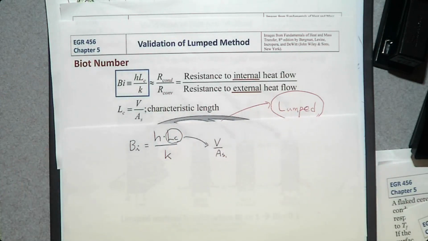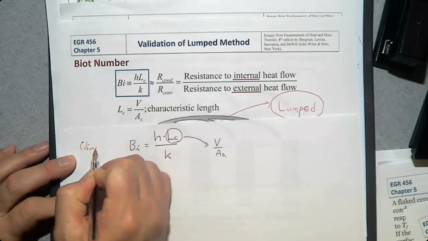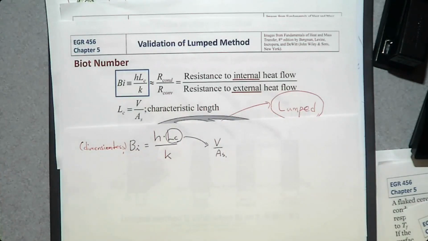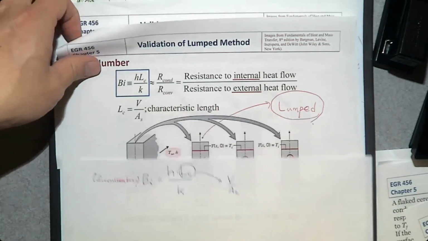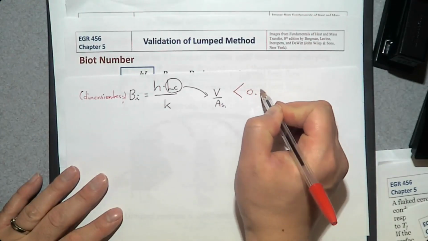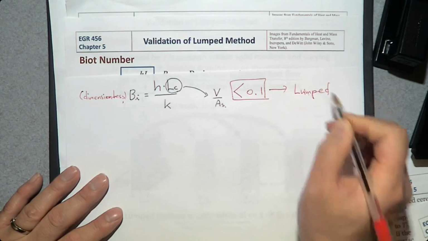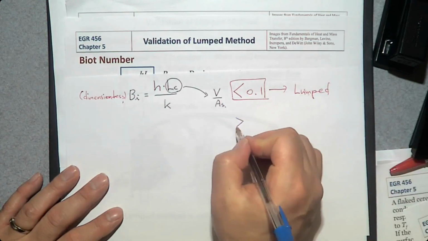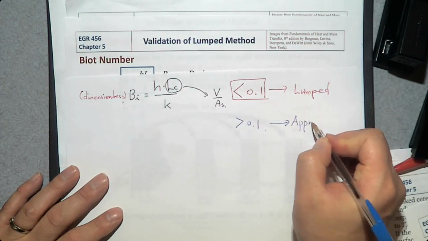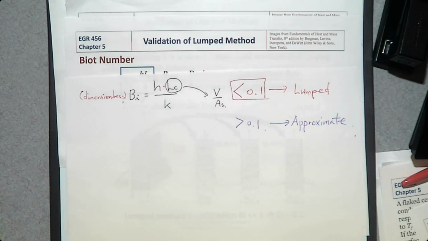The Biot number is a dimensionless number, which means it has no unit. When this value is less than 0.1, then we say the lumped method is fine. If the Biot number is greater than 0.1, then you cannot use the lumped method and you go to the approximate method to solve that transient heat conduction problem.